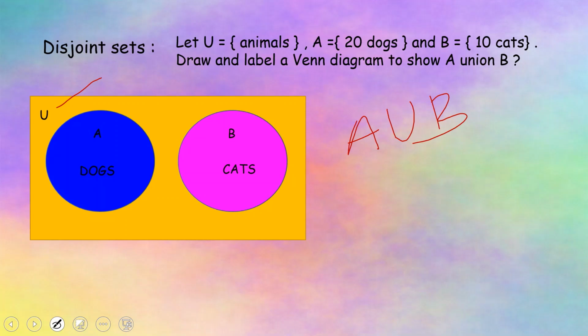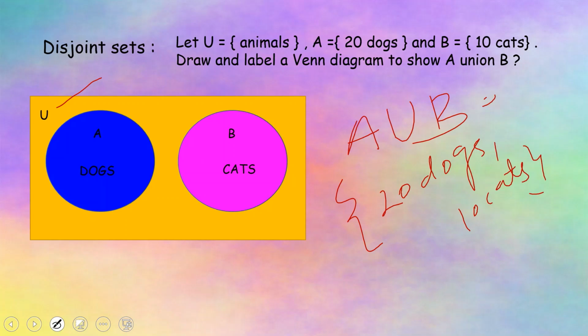Simple. A union B is 20 dogs and 10 cats.